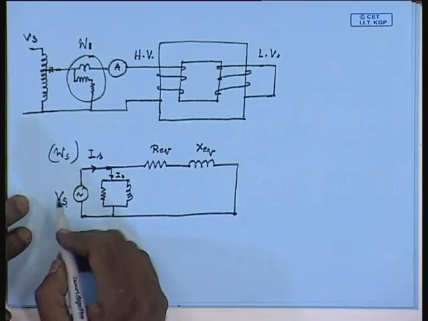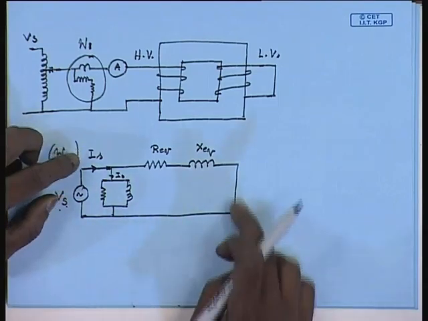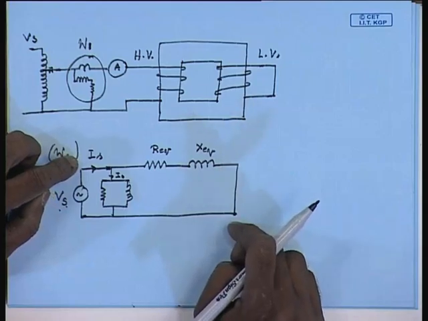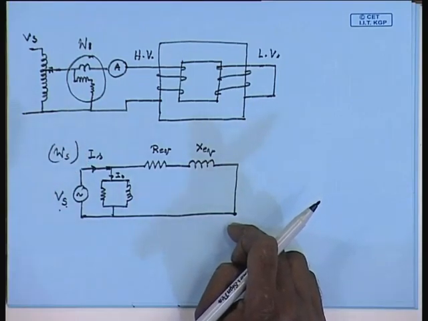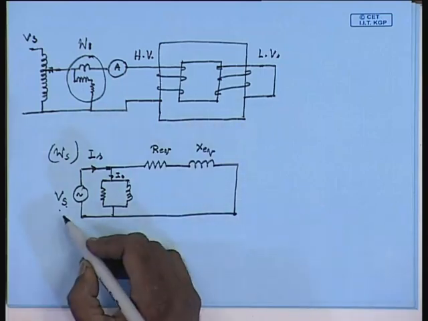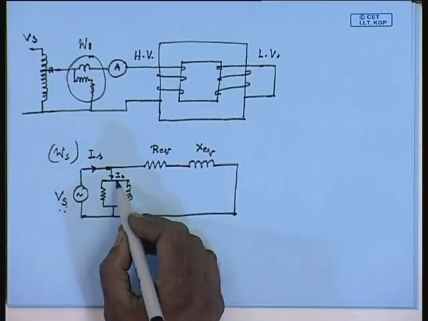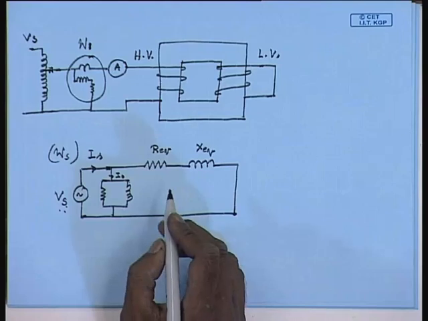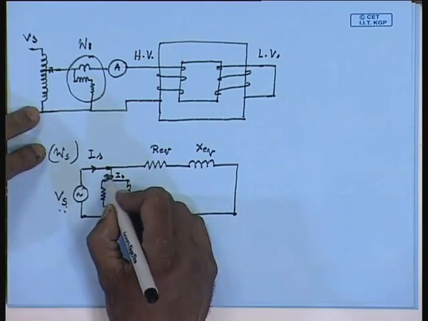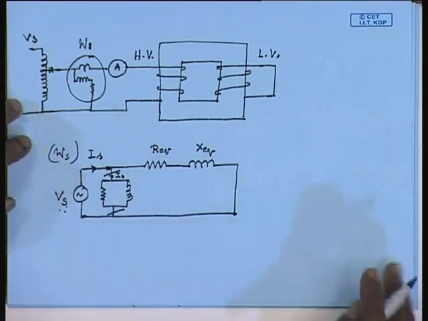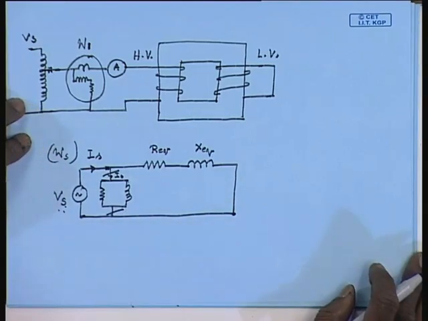Therefore, when we reduce Vs and short the low voltage side, if we restrict the Is to its rated value, the voltage that will be required for that will send very negligible current through the magnetization branch, and hence for all practical purposes the magnetization branch can be neglected during short circuit.